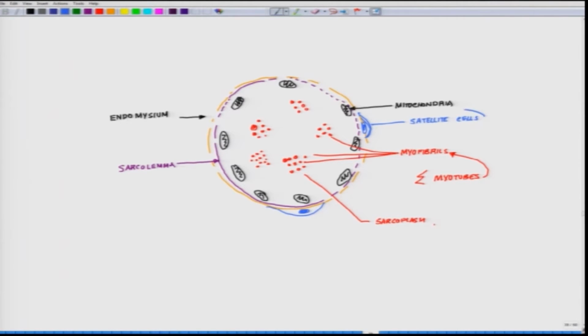These satellite cells are an interesting community of cells. Well, soon I will come to that. What does that mean? And you see a lot of nuclei out here. So, essentially what you are seeing is a different level of self organization of the muscle.